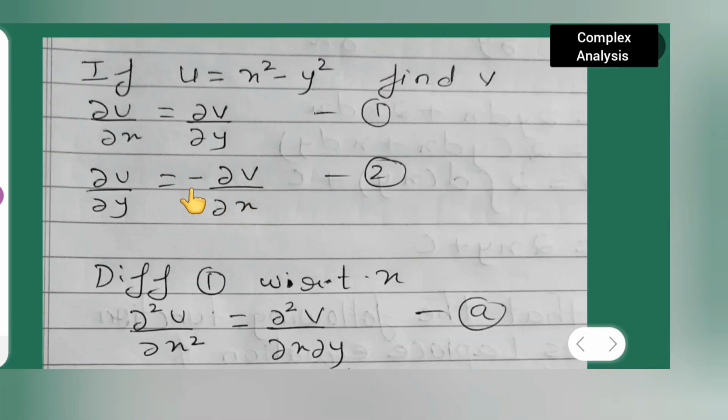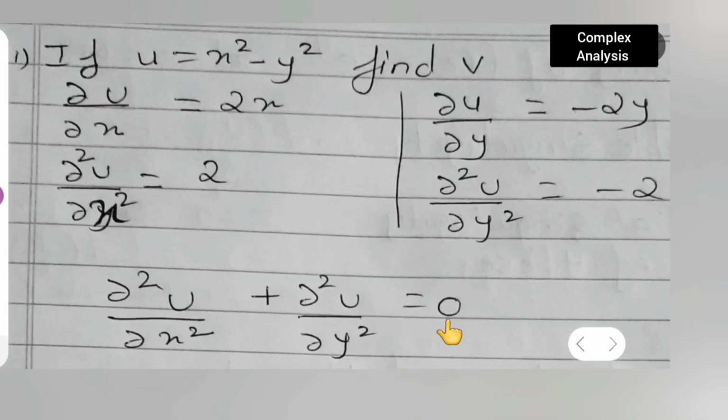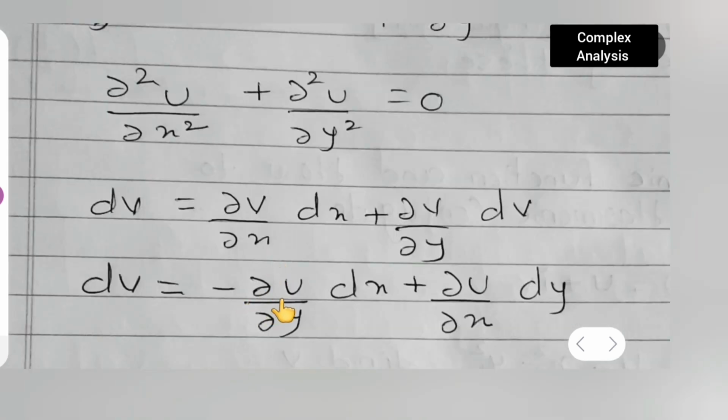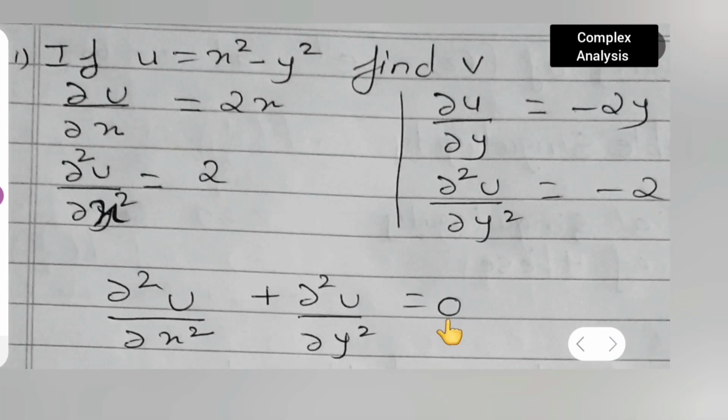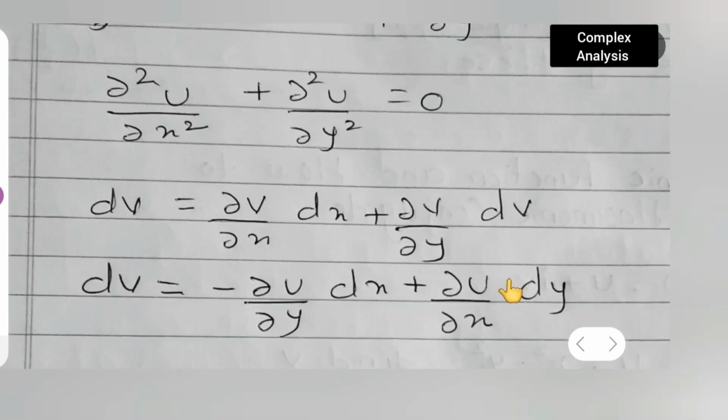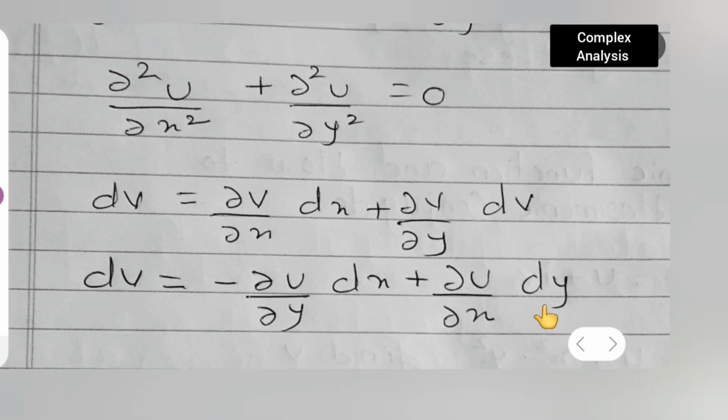Dou v upon dou x is nothing but minus dou u upon dou y, so you have to plug in that minus. Then dx plus dou v upon dou y, which is nothing but dou u upon dou x, dy. This is from the Cauchy-Riemann equation.